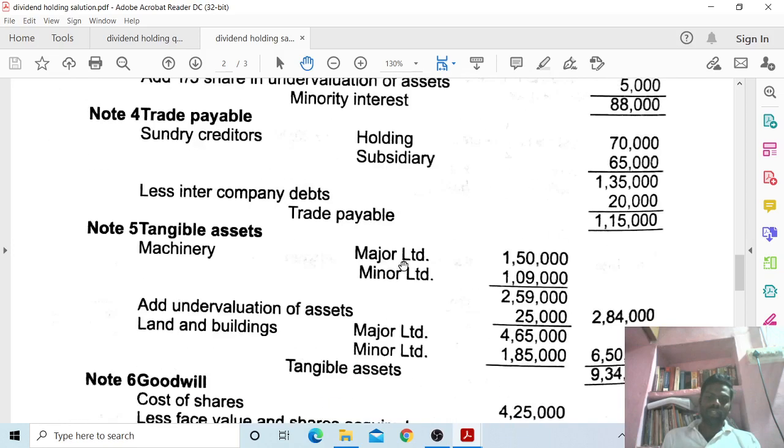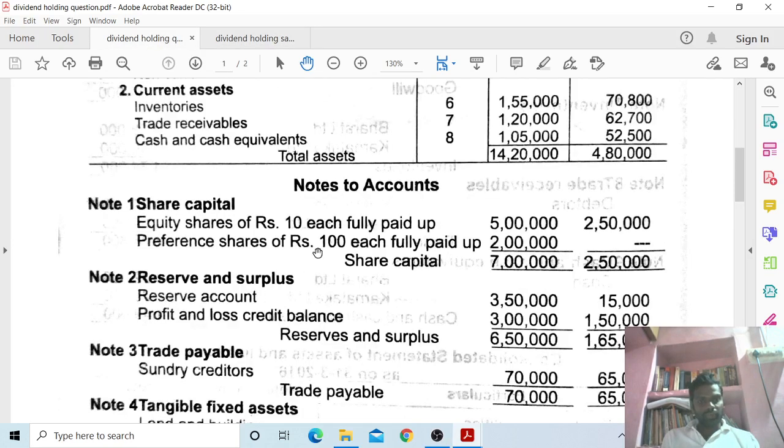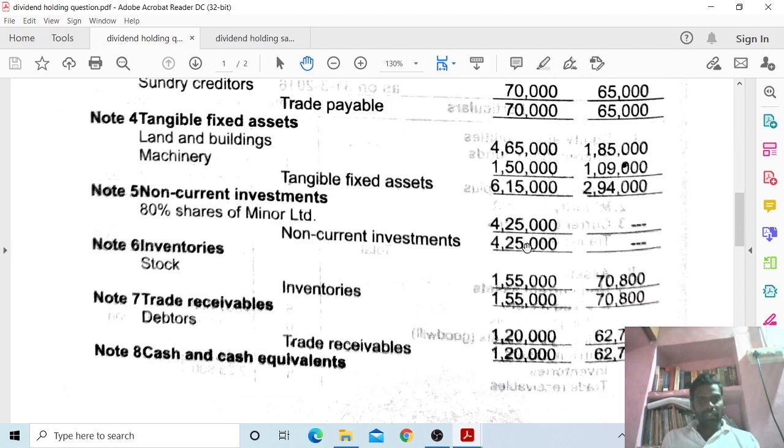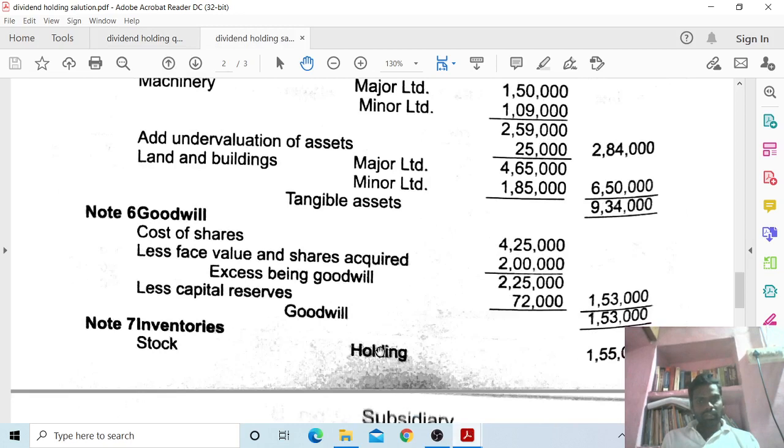First we have to see goodwill. In this goodwill, cost of shares 4,25,000 less face value of shares acquired, excess being goodwill. Here 80% of the shares: cost of shares 4,25,000 less face value of shares acquired.